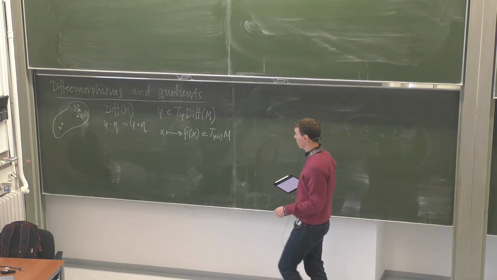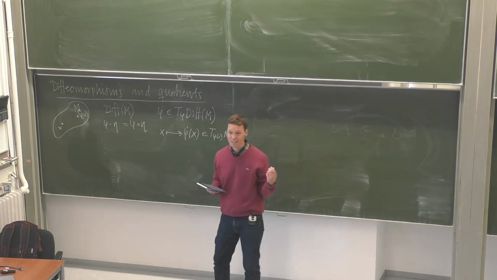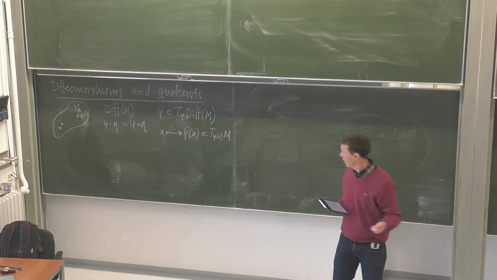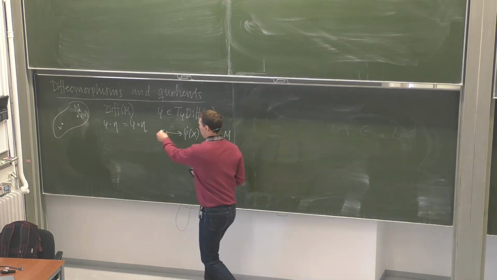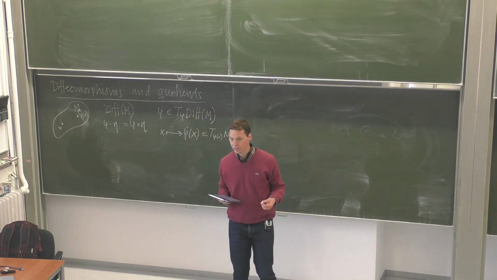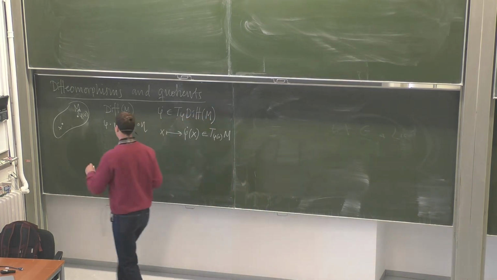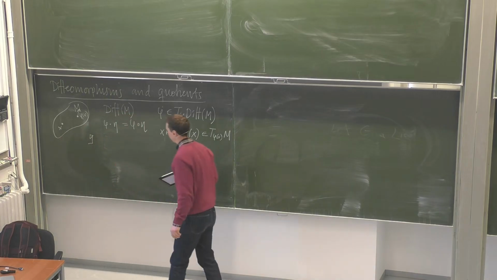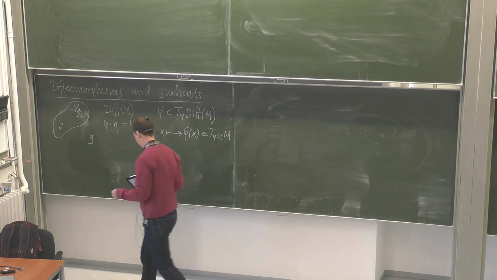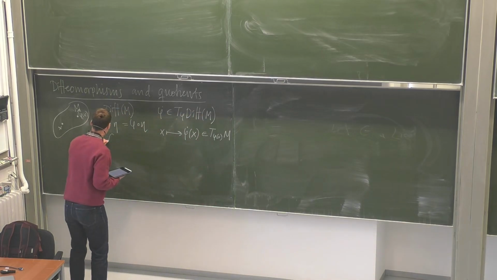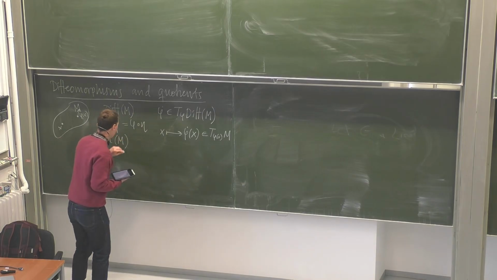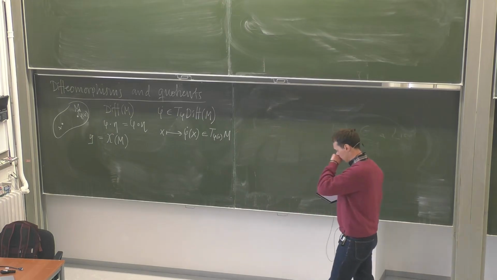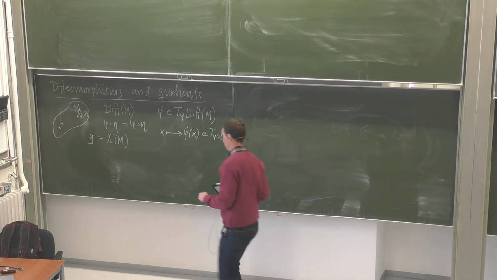And in the particular case where my phi is the identity mapping, just taking x back to itself, then of course this mapping will be a vector field, a smooth vector field. So that means that the algebra corresponding to this infinite dimensional Lie group would be the space of smooth vector fields.